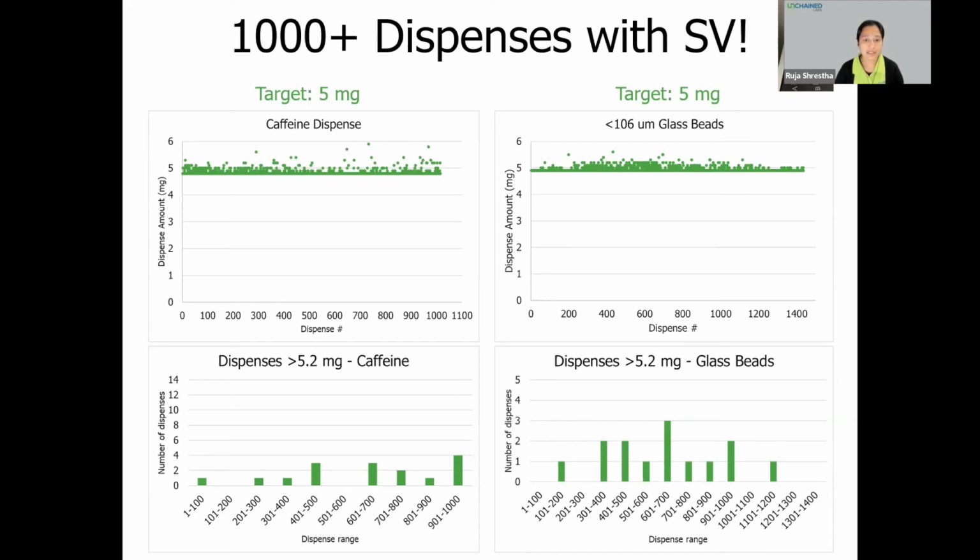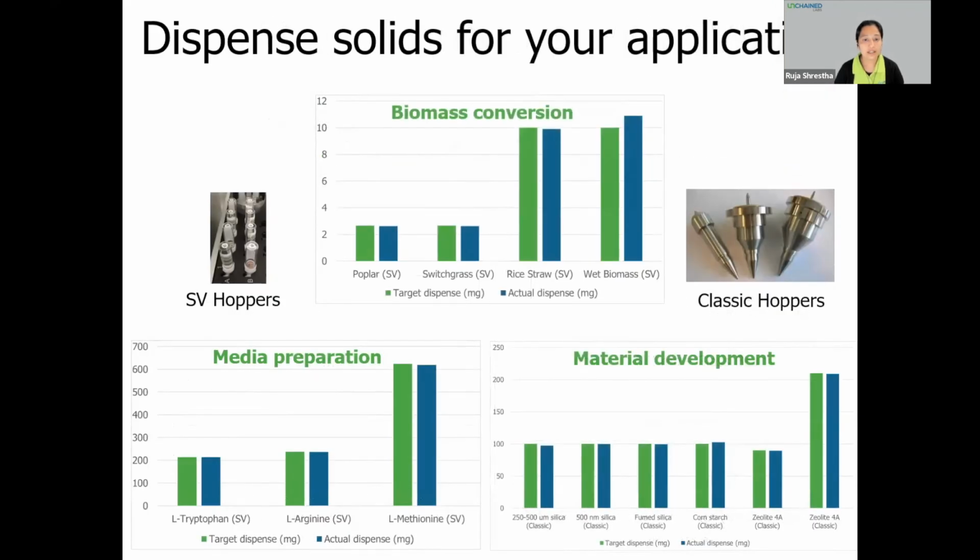And what else can you dispense with these powder hoppers? Well, we've shown that solid dispensing is possible for other applications as well. This slide shows that whether you're dispensing solids for biomass conversion, media preparation, or material development, we can handle all types of solids. In green are target masses, and in blue are dispensed masses.